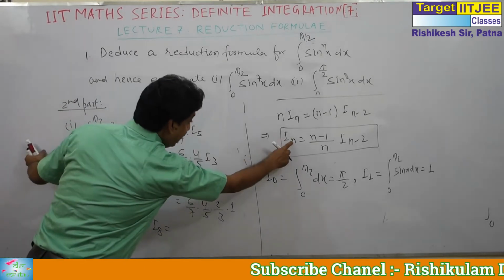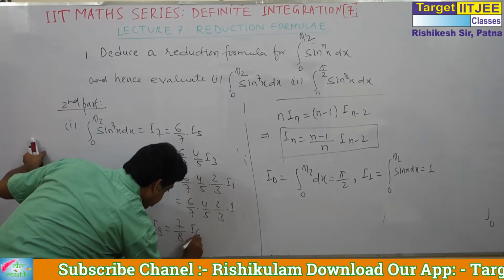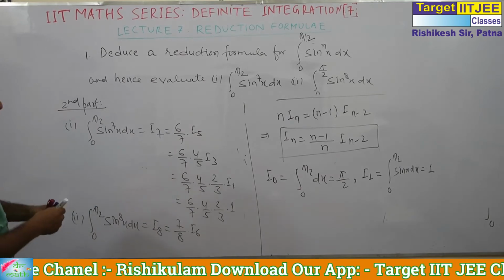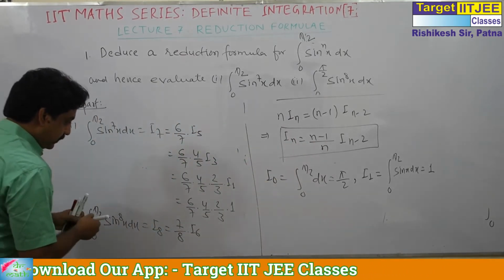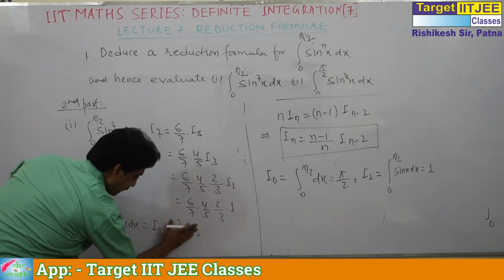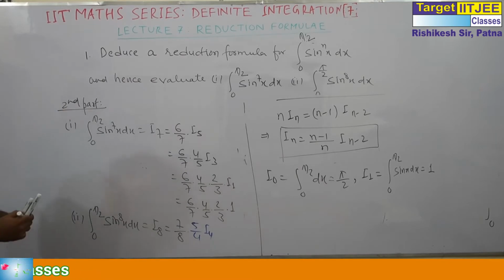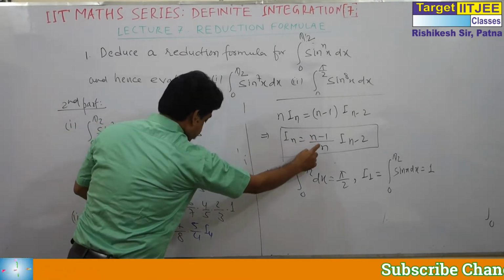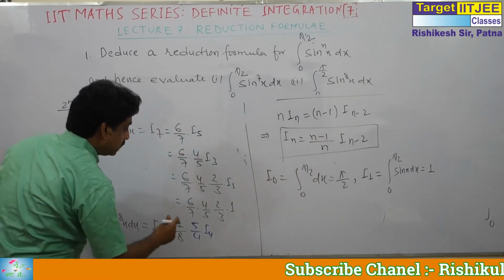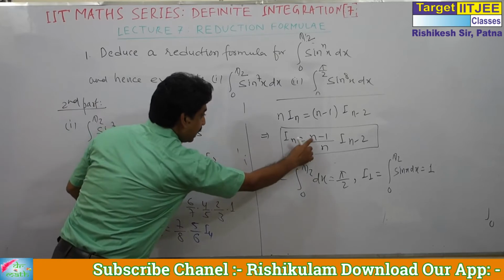When we put 8 here, this is 7 by 8 I_6. When we put 6 here, this is 5 by 6 I_4.